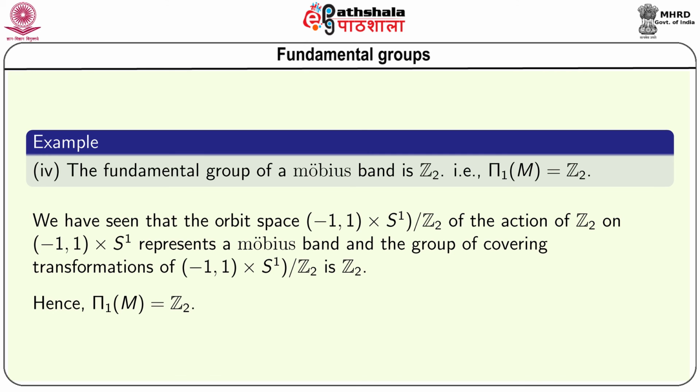That can be seen from the orbit space of [-1, 1] cross S1 by Z2, under the action of Z2 on [-1, 1] cross S1, and the group of covering transformations of this particular orbit space is Z2, and we have seen that this orbit space actually represents the Mobius band. So, the fundamental group of a Mobius band is Z2.